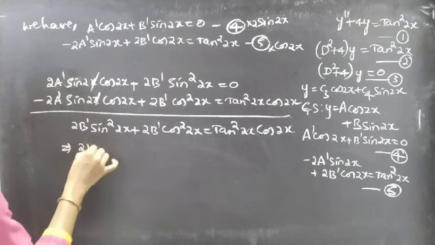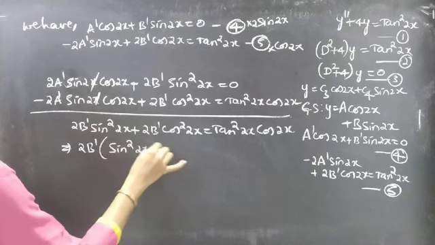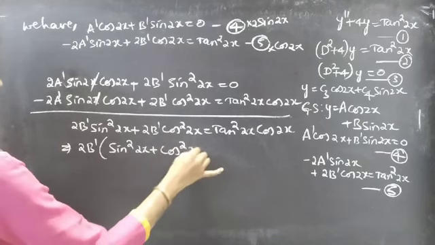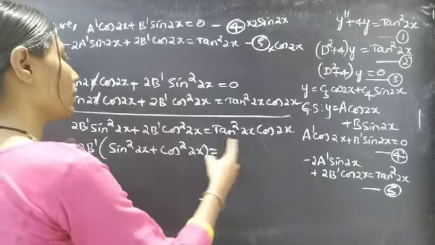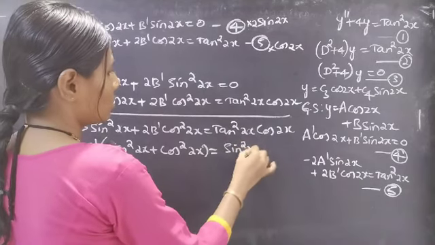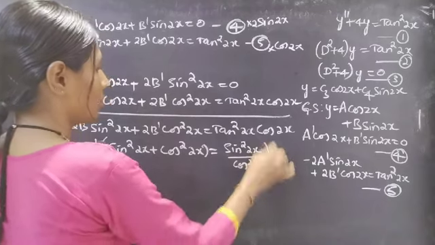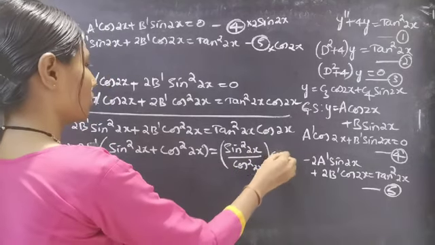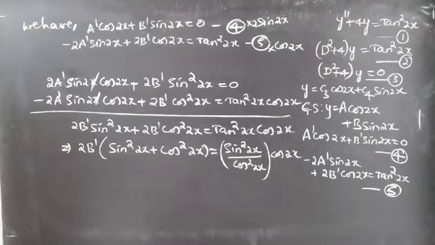We'll get 2b' of sin square 2x plus cos square 2x equal to, we can write tan square 2x as sin square 2x by cos square 2x, into cos 2x, right?